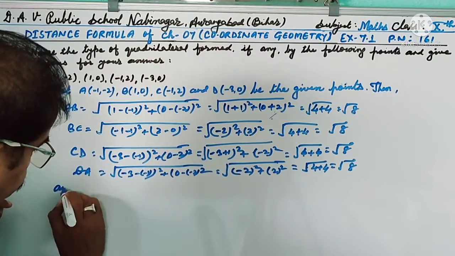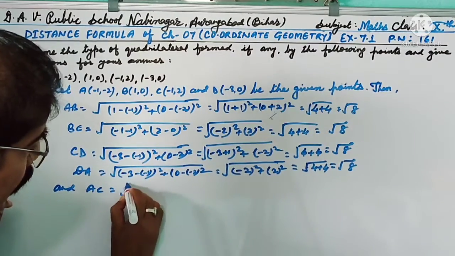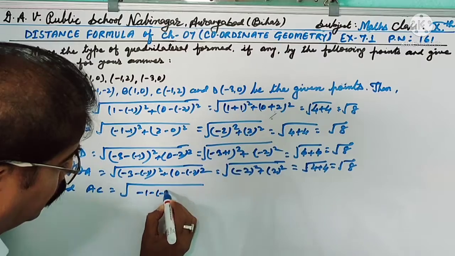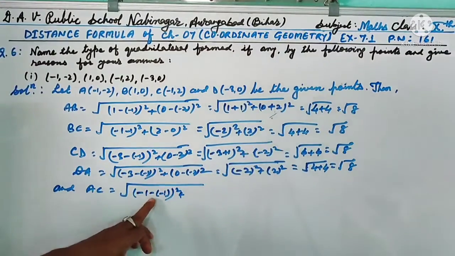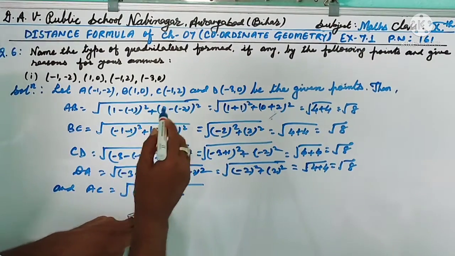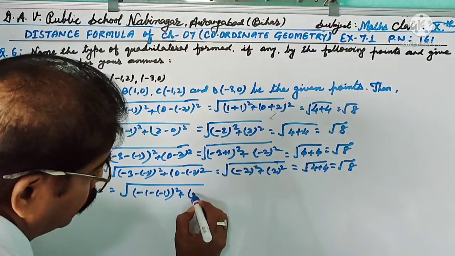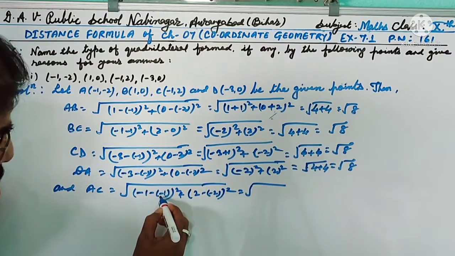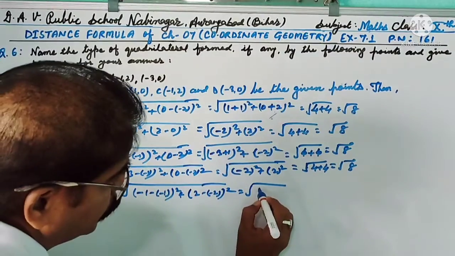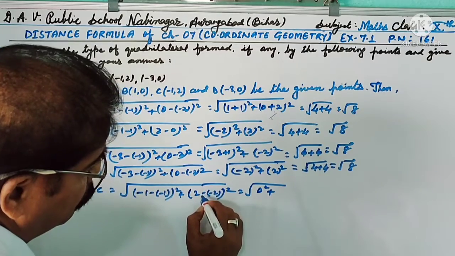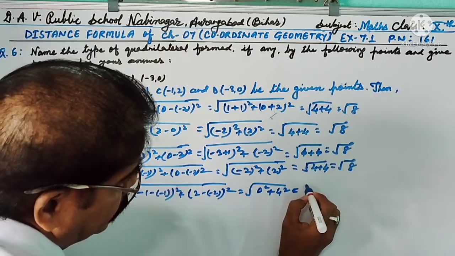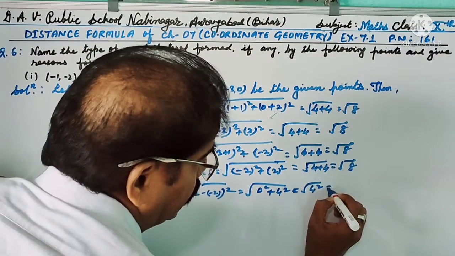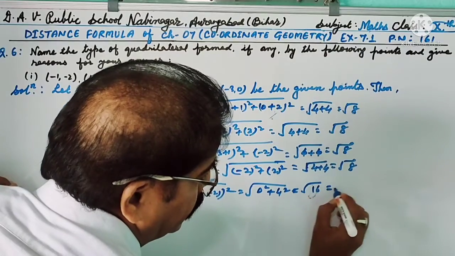Now the diagonals, AC and BD. AC is the square root of (-1 minus -1) square plus (2 minus -2) square, that is 0 square plus 4 square, square root of 16, which equals 4.